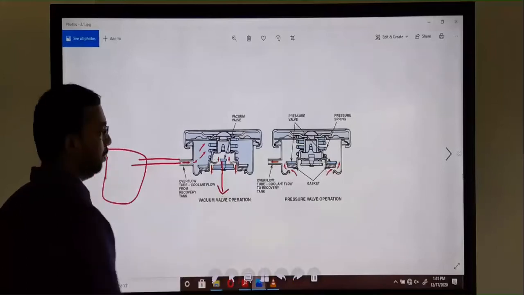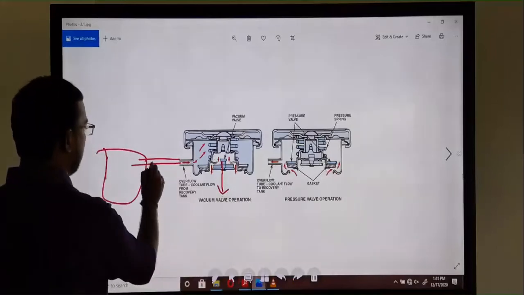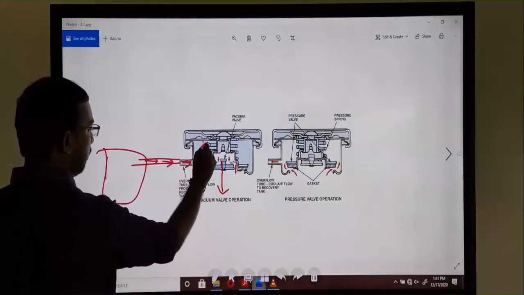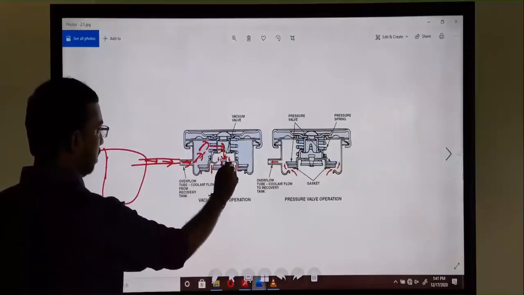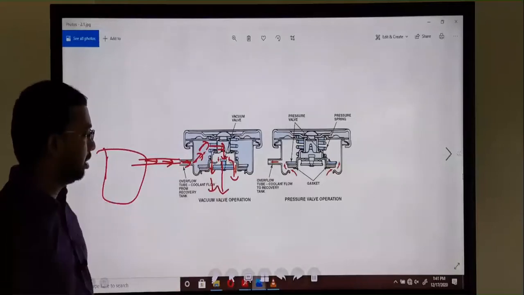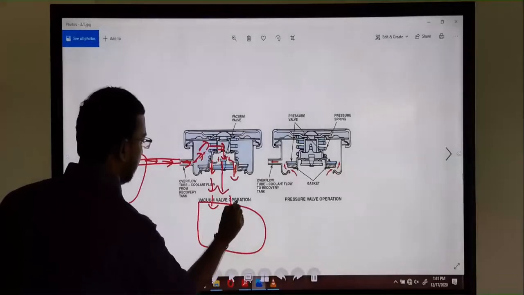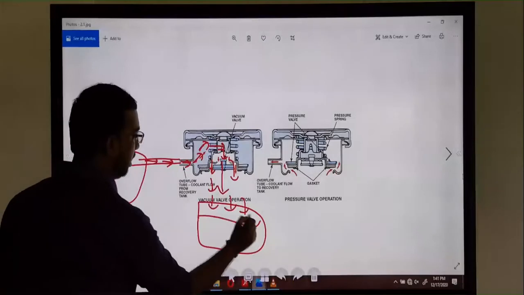The coolant flows back from the expansion tank, moves along this passage, and enters the upper tank of the radiator.